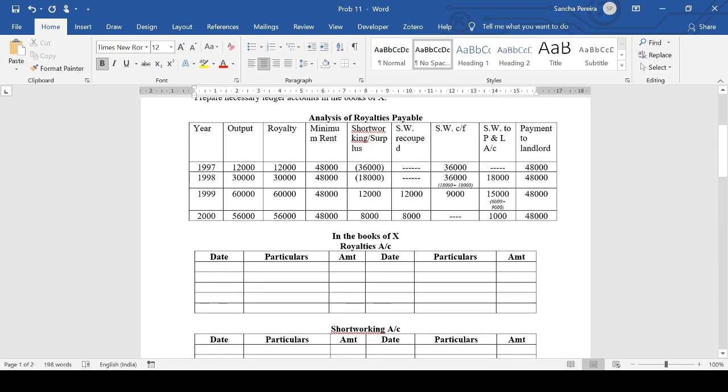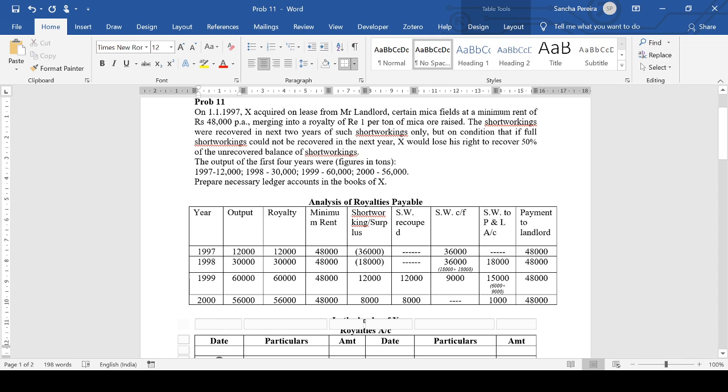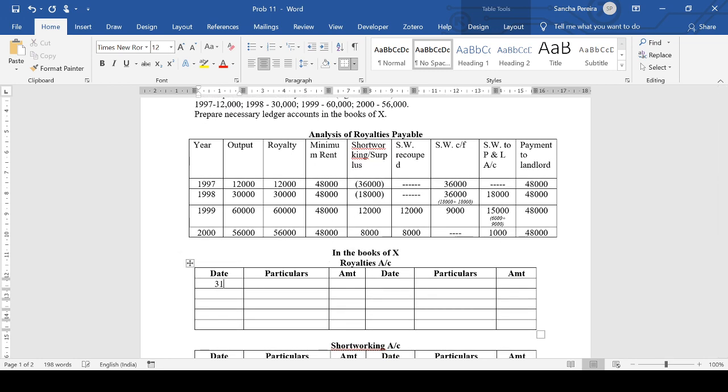In the first year, it's a situation where the minimum rent is more than the actual royalties. So we debit royalties account and short working account, and credit the landlord. On 31st December 1997, to landlord.